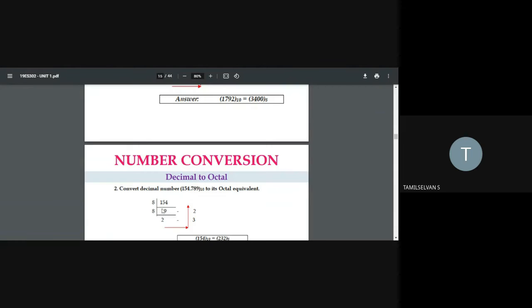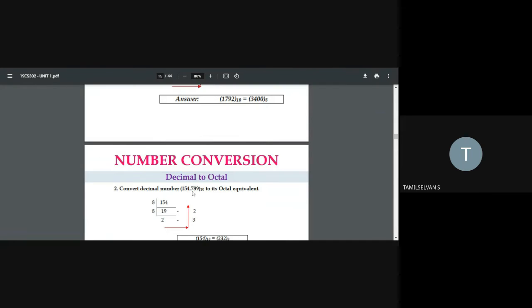So 154 by 8 is 19 with remainder 2, and 19 by 8, 2 8s are 16, remainder 3. So 232 is the octal value for the decimal number 154.